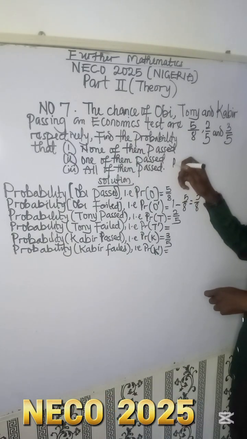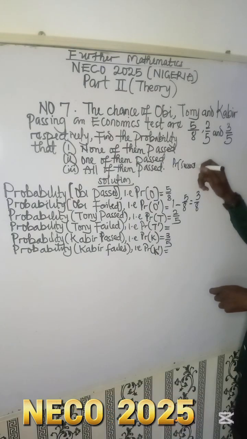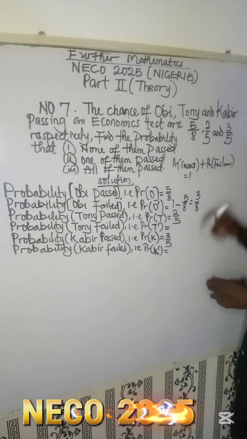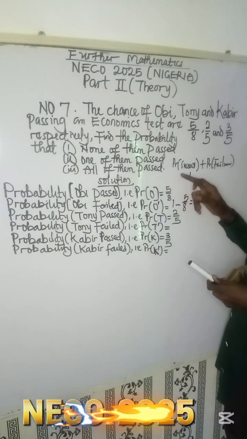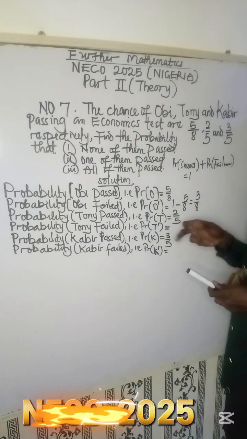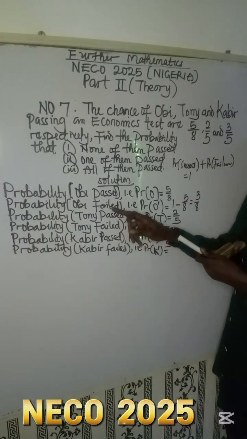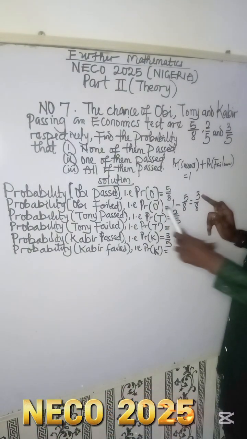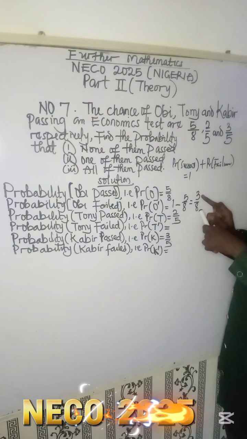Don't forget that the probability of success plus the probability of failure of any event should give us 1. This means that the probability of success is equal to 1 minus the probability of failure, and in the same vein, the probability of failure is 1 minus the probability of success. So the probability that Obi will fail is 3 over 8.